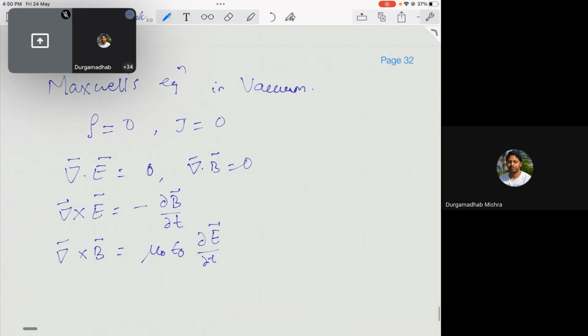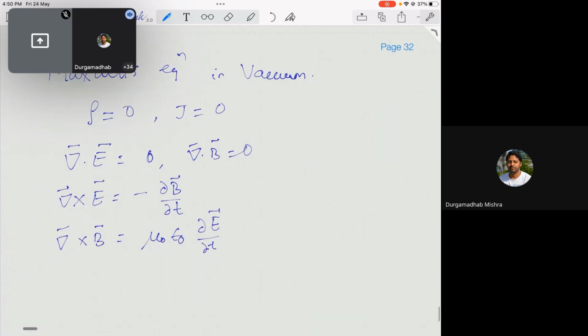Okay, so this is how Maxwell's equations look in vacuum and in a source-free region. Source-free means there are no charges or charge distribution, no current distribution as such.